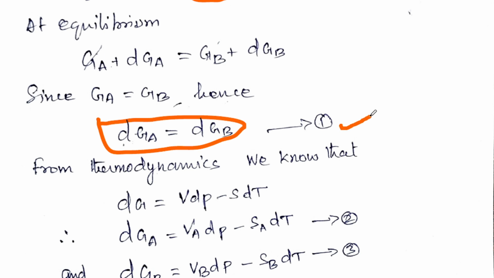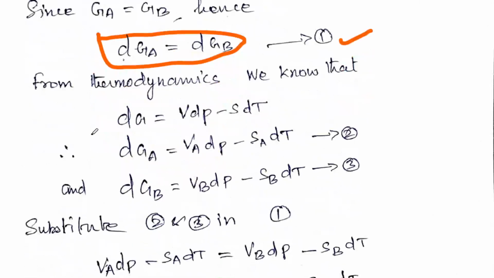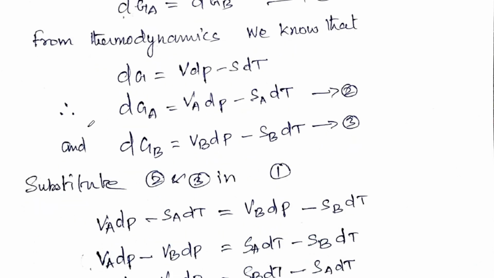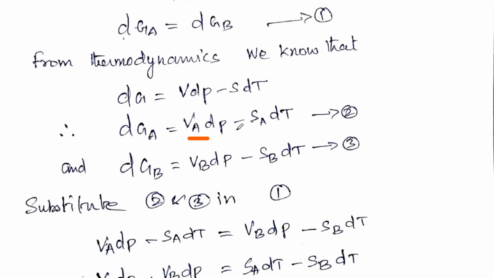From thermodynamics, we know that dG is equal to V dP minus S dT. This is an equation of state in thermodynamics. Therefore, we can modify equation 1 accordingly. dGa is equal to Va dP minus Sa dT.